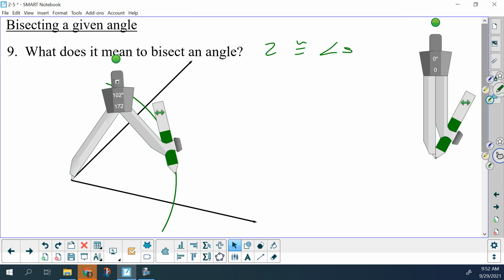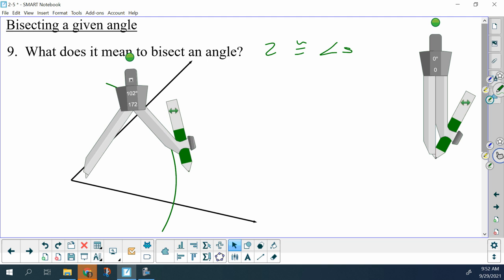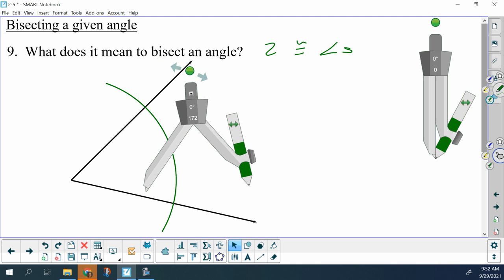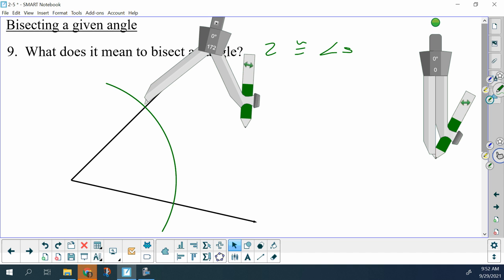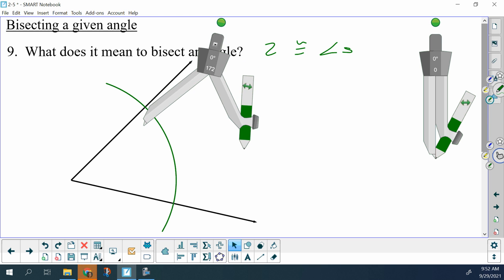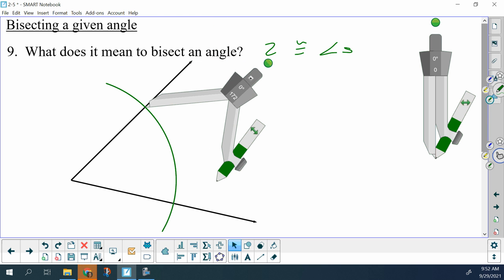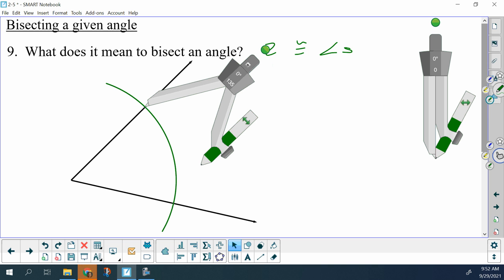That means there's only one other crossing I need. Does that make sense? And that crossing is going to happen somewhere in the middle of the angle. So we're going to take your compass now, pick one of the intersections to start with. I'm going to do the top one. As long as your compass is open more than halfway, you don't have to move it. If you did, it's okay. So if I wanted to move it a little bit, I can. But after I make this mark, I can't move it again.